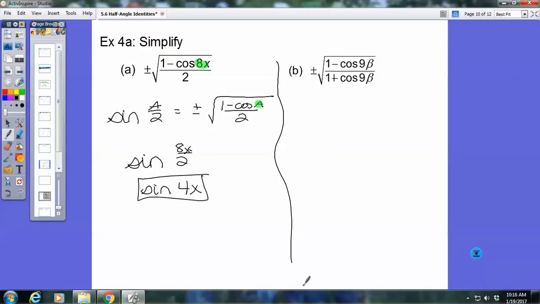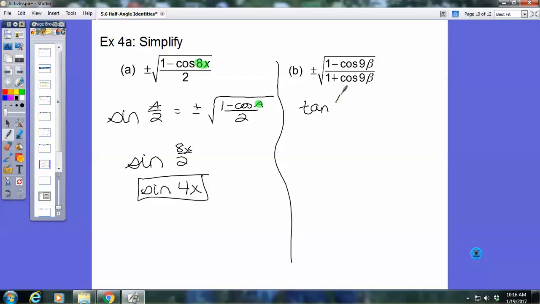So just practice recognizing formulas. So B, what does that one look like? Tangent. So let's write down our formula.